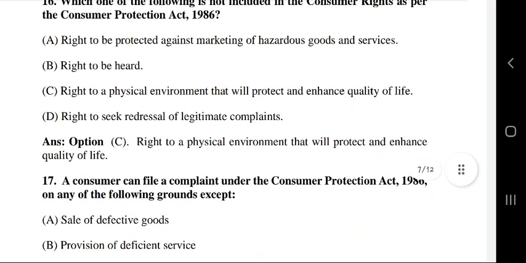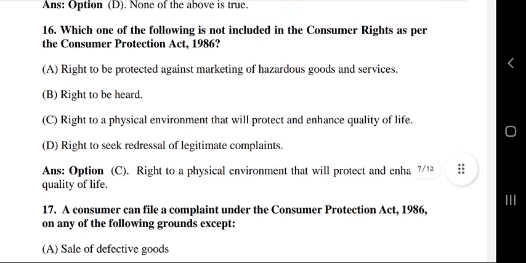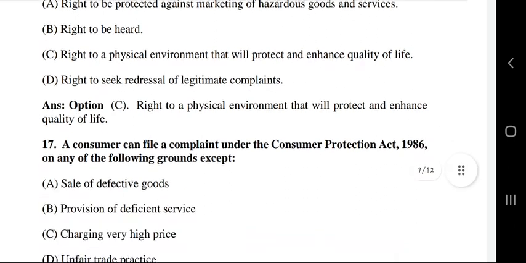Option C is the answer, right to a physical environment that will protect and enhance quality of life.